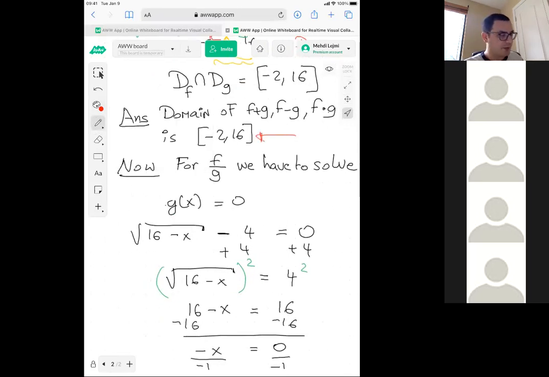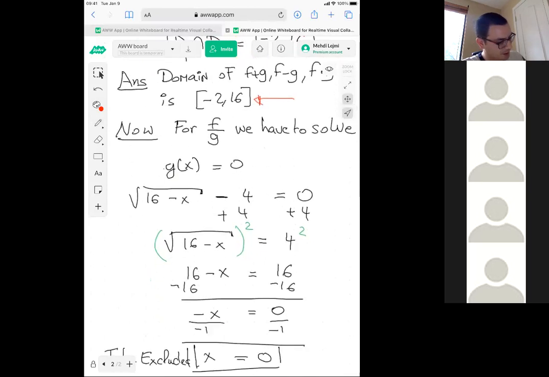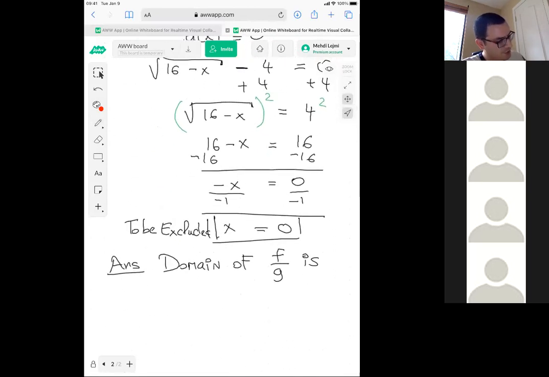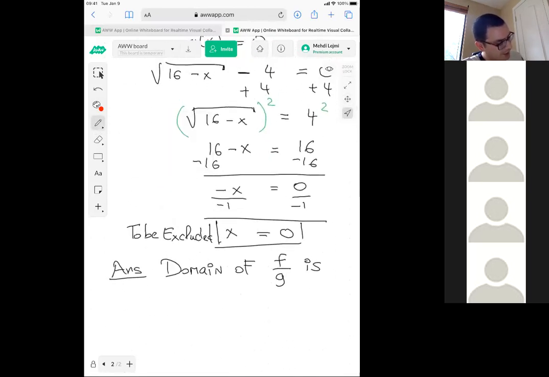And then you exclude the 0 from there. So the domain of f over g starts at negative 2, and negative 2, of course, is included.